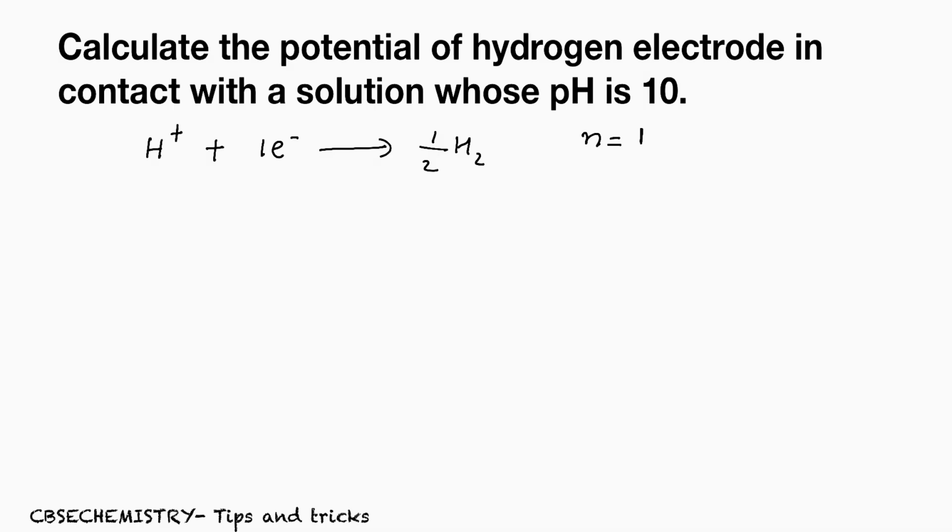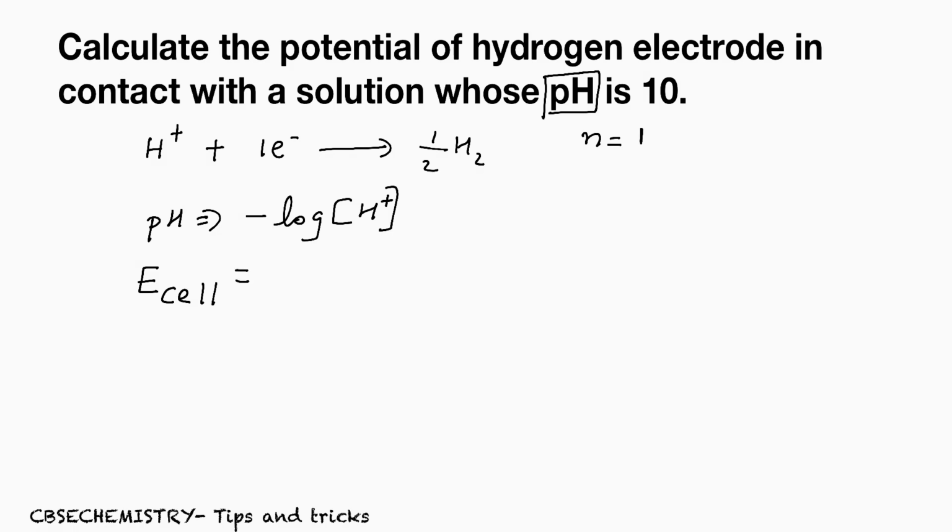Before starting the numerical part, you must know a few facts. First one is, what is pH? pH means minus log concentration of H plus, right? Here what we are supposed to find? We are supposed to find the potential, which means E cell of which half cell?